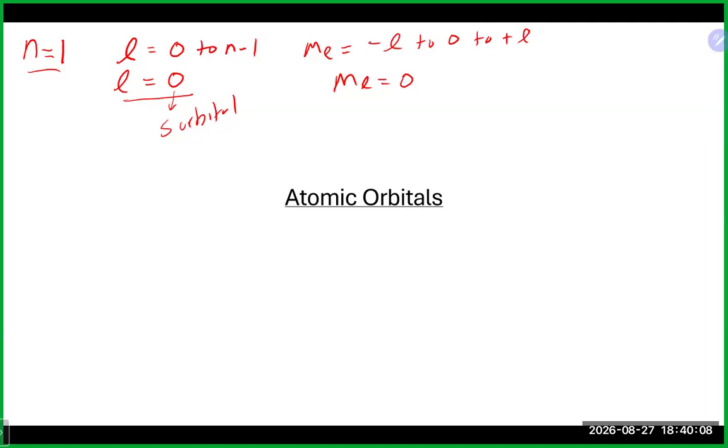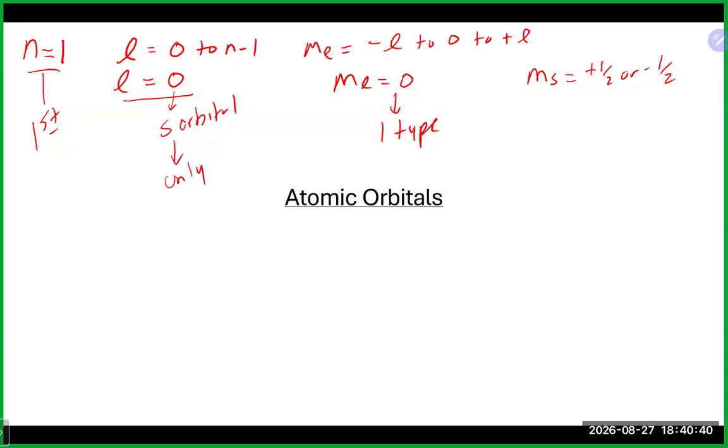What that means is on the first energy level, I will find only an s orbital, and there is only one type of s orbital. In that s orbital, you could have a spin quantum number that's plus a half or minus a half. You could have an electron going upwards, or you can have an electron going downward.